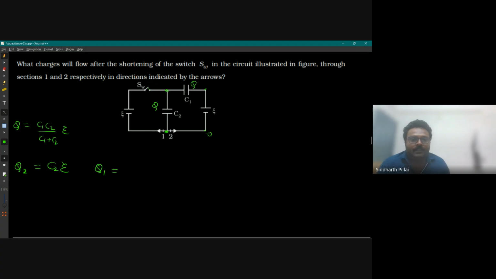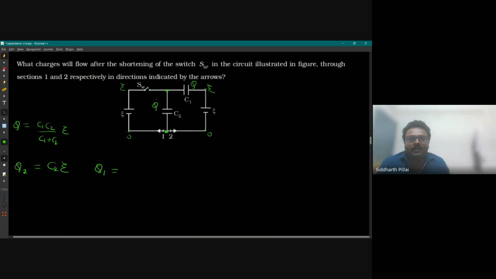If I take this as 0 and this as 0, here I'll get E and here also E. That means between the terminals of this capacitor there is no potential difference. So Q1 will be 0.